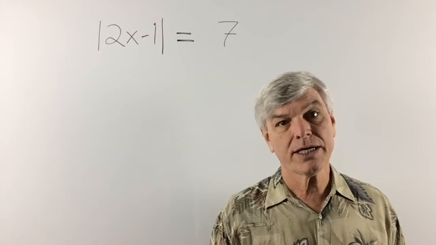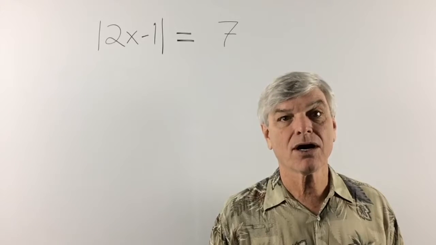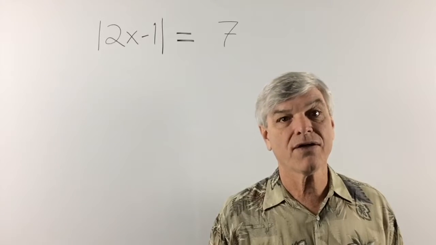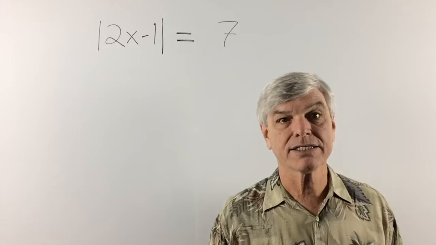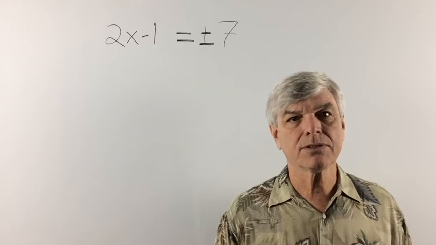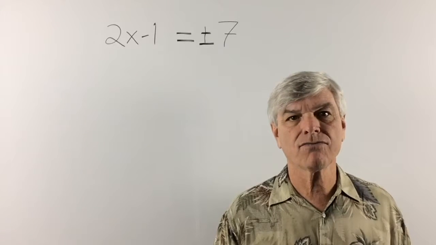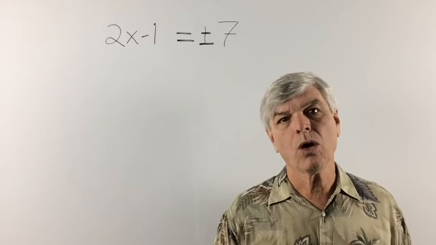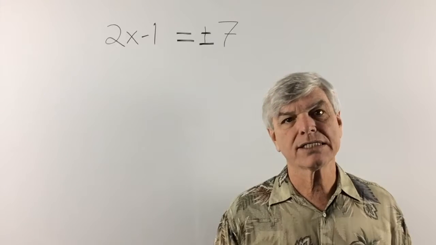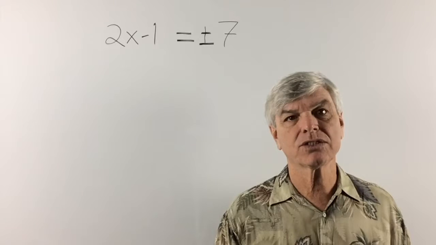But what are we going to do here? We're going to take everything out of the absolute value bar and turn the other side into plus or minus. Just like that. That's pretty simple, except as you can see, we're going to have to solve two equations. One where the right side equals 7 and one where the right side equals -7.